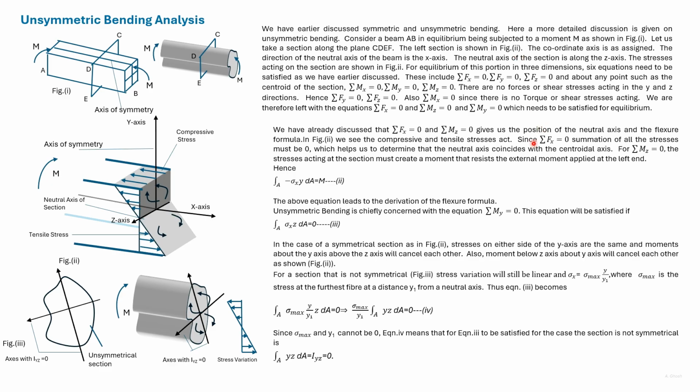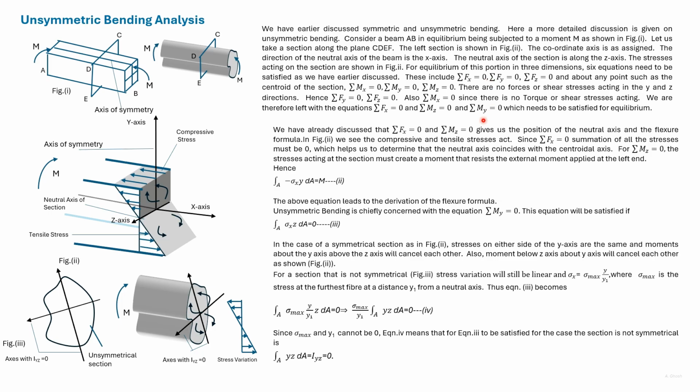Using the relation summation Fx is equal to 0, we found out the position of the neutral axis. The relation summation Mz is equal to 0 could be given in this form. This relation led to the flexure formula, and we could give the variation of stress at the section.